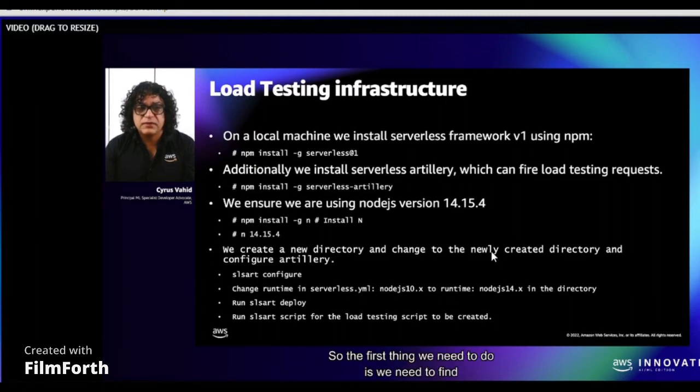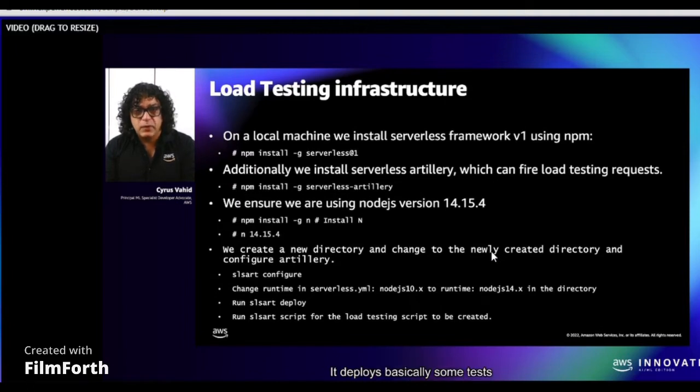First thing we need to do, we need to find the Node.js runtime version, which is Node.js 10.x by default, and change it to 14.x to make sure that we don't get any errors at deployment time. And then we do serverless-artillery deploy.